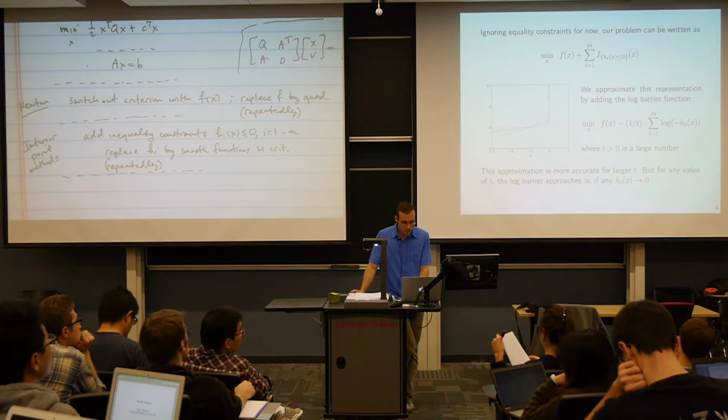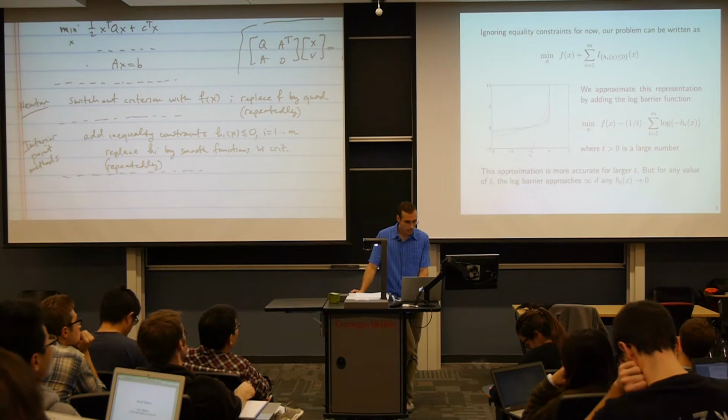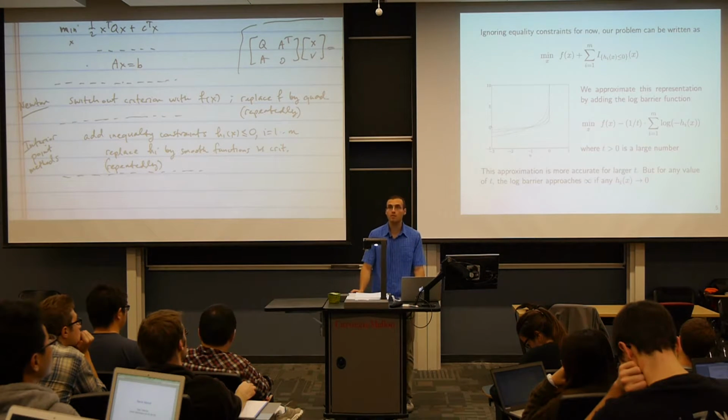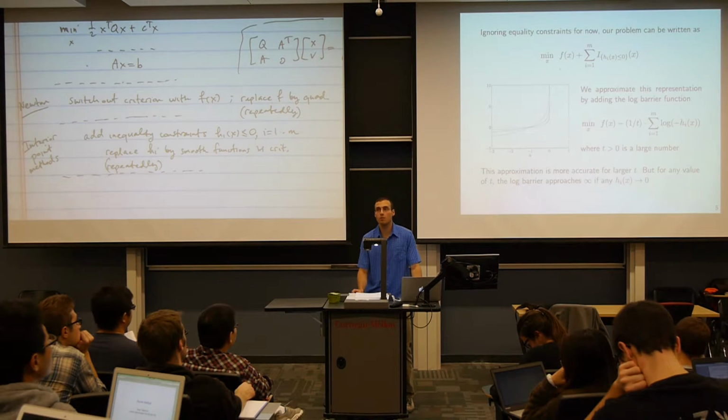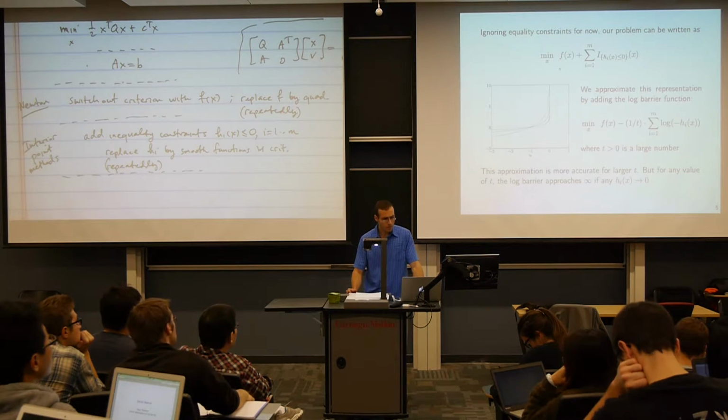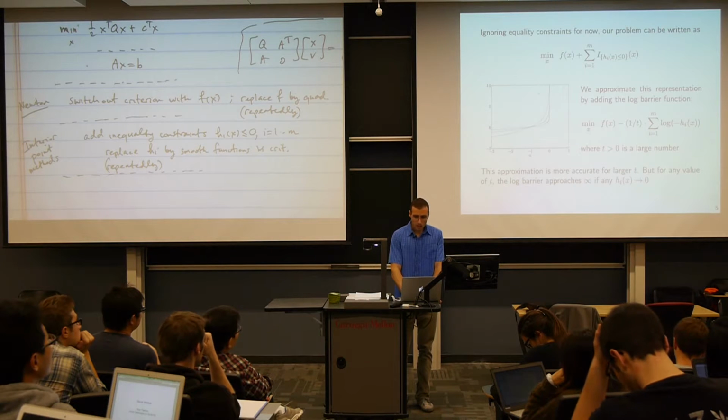What I've drawn here is the indicator function that u is less than or equal to 0. Okay? That's this dotted line. It's 0 when u is less than or equal to 0, and it's infinite as soon as u is bigger than 0.